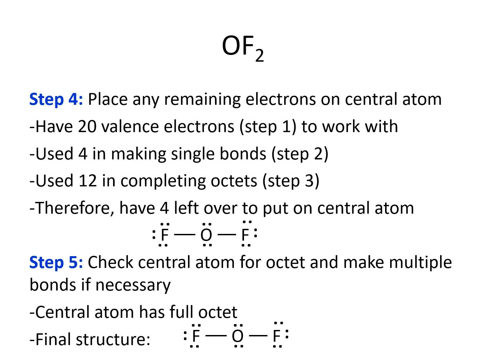This is actually the first example where we had electrons left over to do that. We put them in pairs on the oxygen. Step 5. Check the central atom for octets. The oxygen now has a full octet, so we do not need to make double or triple bonds in this molecule. This molecule ends up similar to the water molecule, but it has fluorines instead of hydrogens.